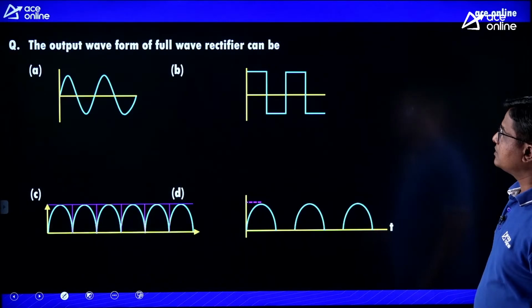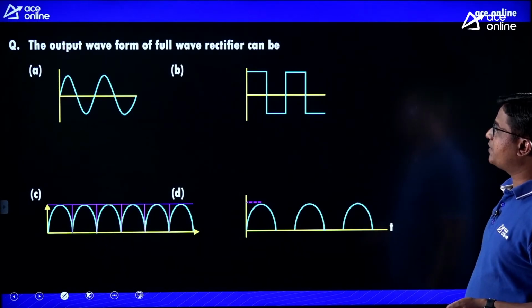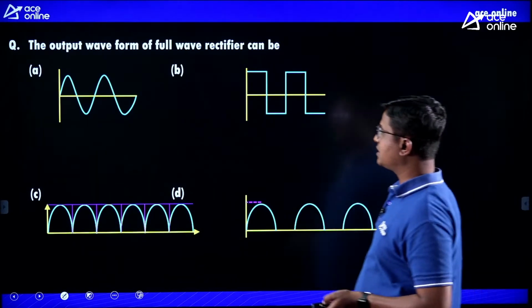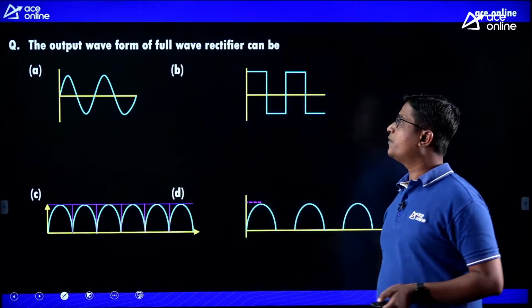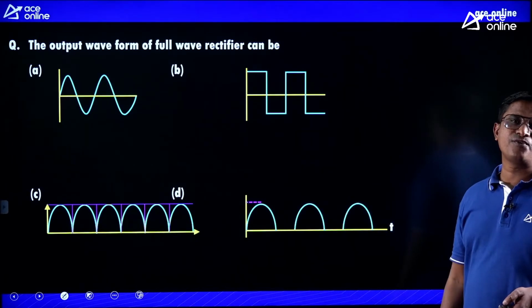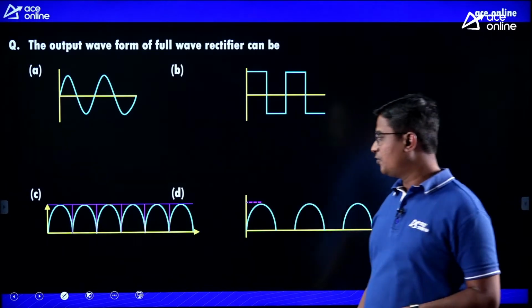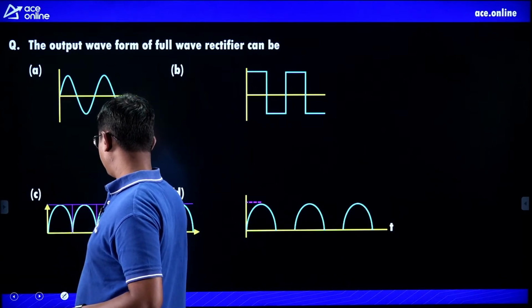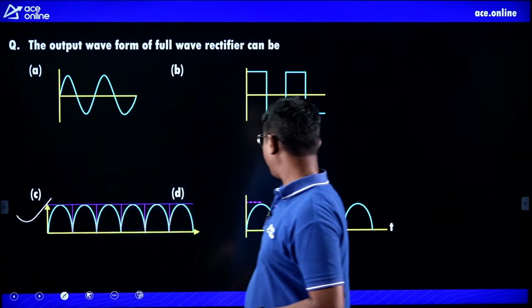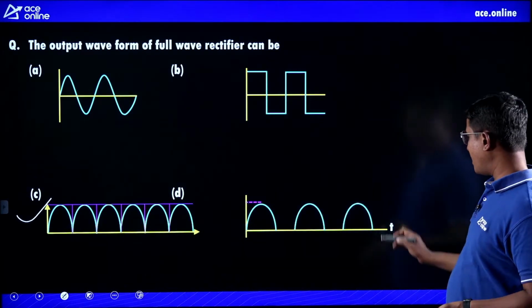The output waveform of a full wave rectifier can be. So here he has given 4 options, and he is asking for the full wave rectifier output voltage waveform. How will the output voltage waveform look? Yes, option C is correct.